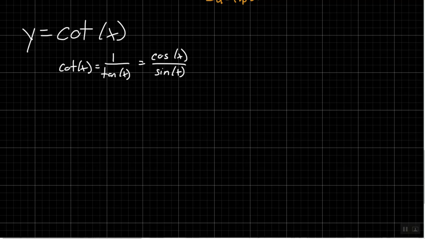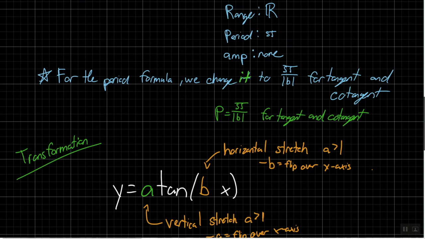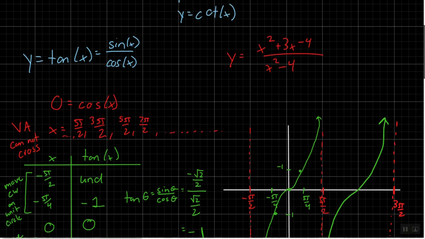So same thing before. We need to find the vertical asymptotes. Definitely, if I want to find vertical asymptotes, I have to set something equal to 0. Is it my numerator or my denominator? Up here, we set cosine equal to 0, right? Yeah, because it was in a denominator.